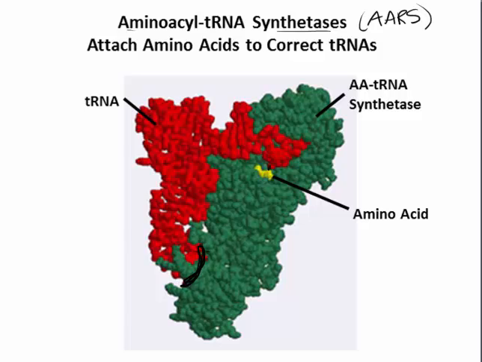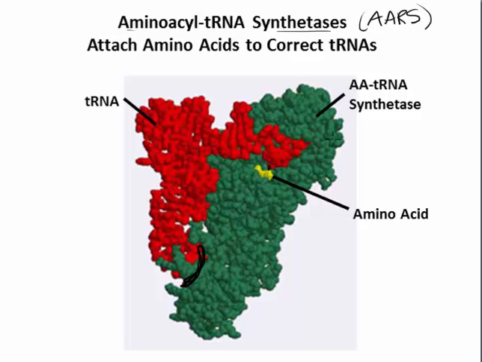The enzyme is only going to covalently link this amino acid to the tRNA that has the correct nucleotide sequence here. So the enzyme is going to be feeling out that sequence of nucleotides in a very high fidelity specific fashion. So what we have is a class of enzymes that recognize each of the 20 amino acids and find the correct tRNA to link those amino acids to. So in the cell, we have a pool of tRNAs that have already been linked to their correct amino acid and are ready to go and ready to participate in translation at the ribosome.